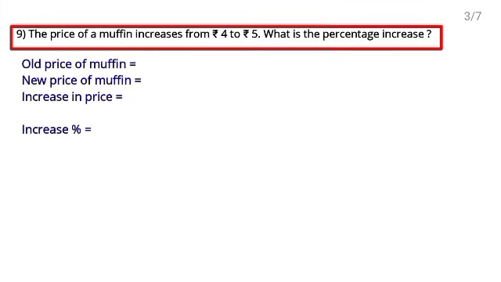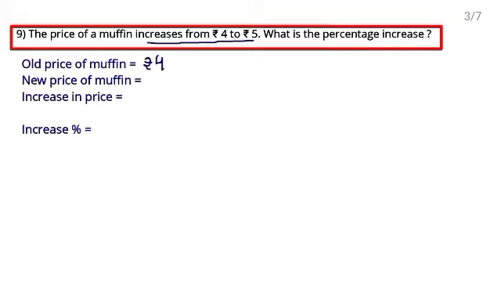Next question, question number 9. The price of a muffin increases from 4 rupees to 5 rupees. What is the percentage increase? So old price of muffin, or you can say actual price, is 4.